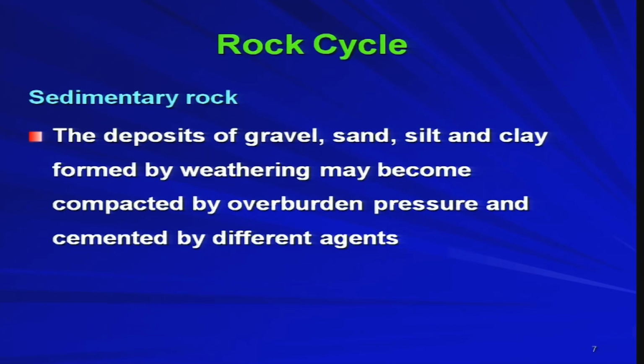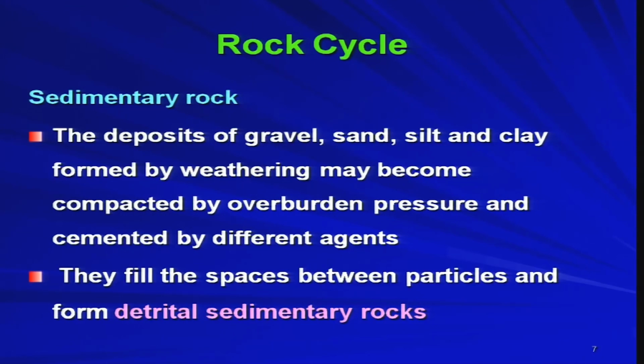Basically, as you see in the river flow or in the lake deposit or marine deposit, the gravel, silt, sand, clay particles will be sedimented layer wise, and over the years it will be lying like that, and finally it will form the sedimentary rock.